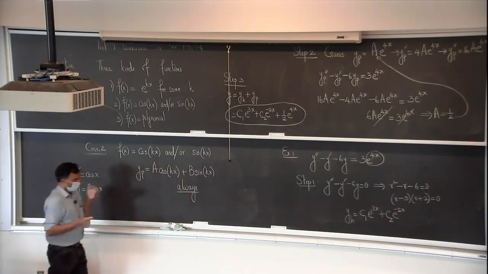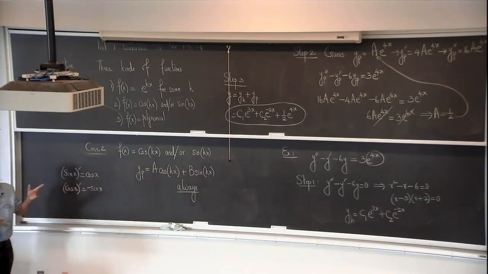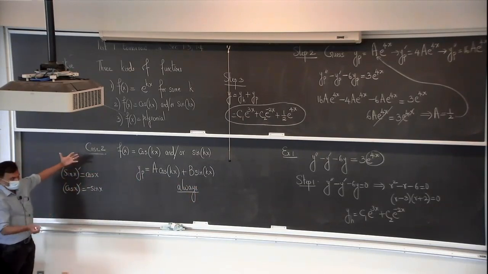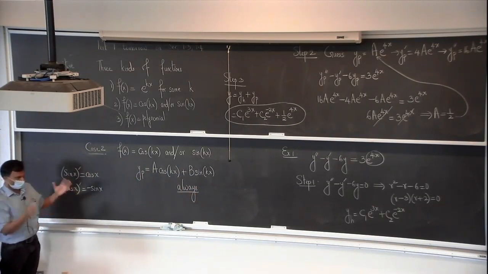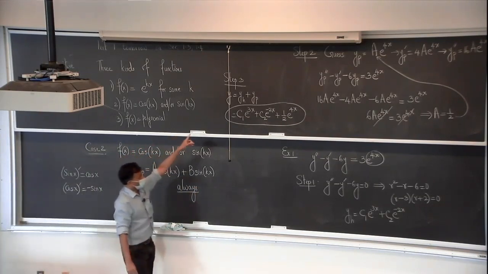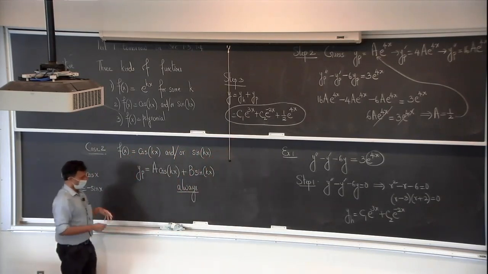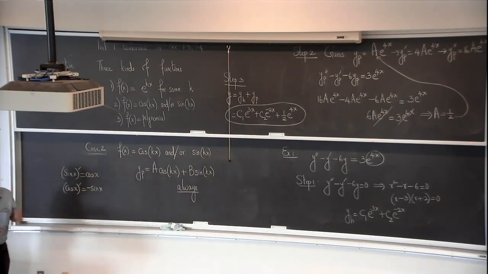Always. It's not a matter of choice where you pick one of them as you like. And again, the reason is because we don't know which way it's going to behave. The derivative of sine is cosine, derivative of cosine is negative sine. And since the equation has both first and second derivatives, you have to account for both these functions and let it play by itself.